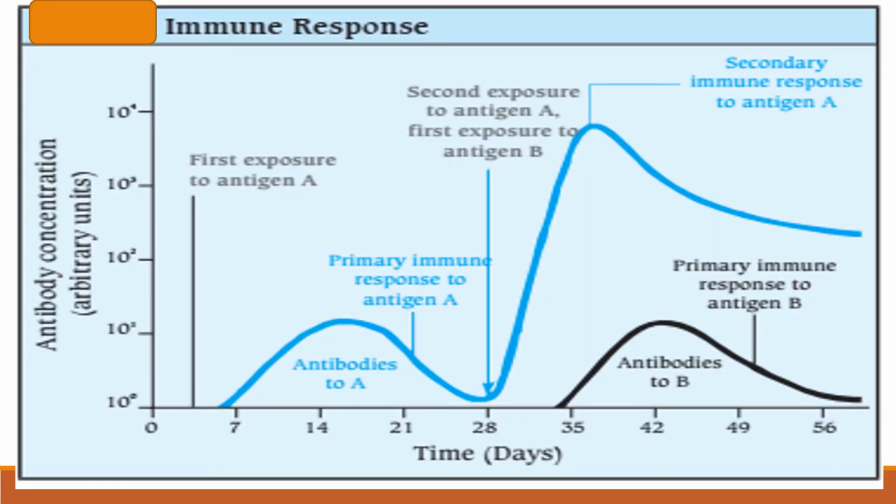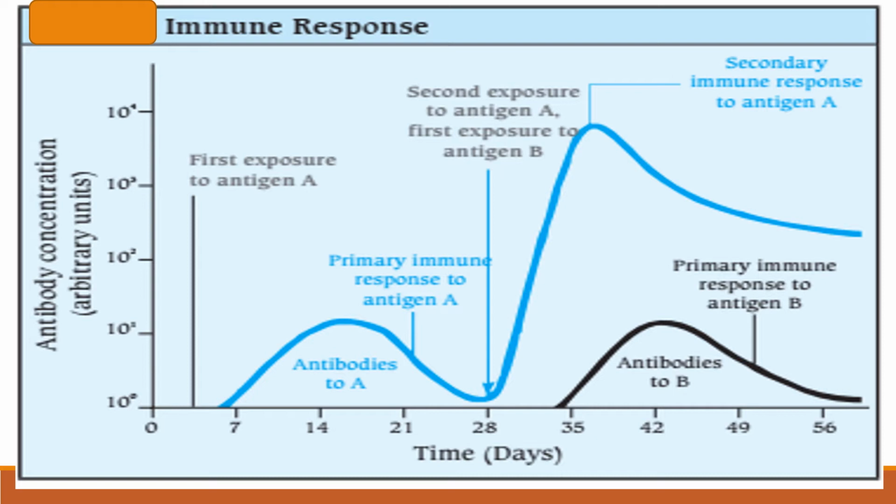This figure shows the immune response. On first exposure, on the left side, the arrow, after a time, the response will happen. This is called primary immune response.